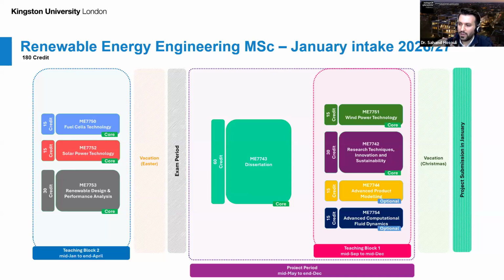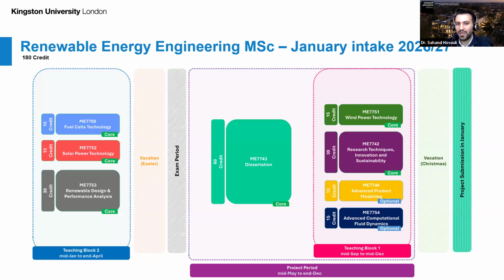Those 2 modules will be completed by a third module. As I mentioned, it's mostly focused on the software aspect of the course. I'm going to discuss the software in more detail in the next few slides. That teaching block, which is called teaching block 2, will span until around the end of April. You're going to have an Easter period and then an exam period, and then the second period is going to start, which includes the project period and also teaching block 1.